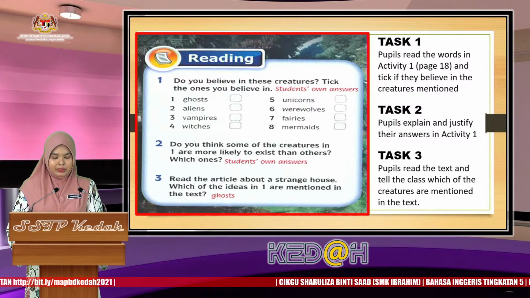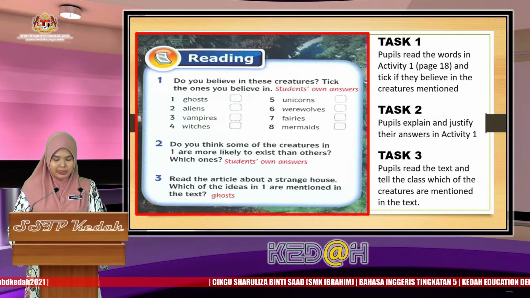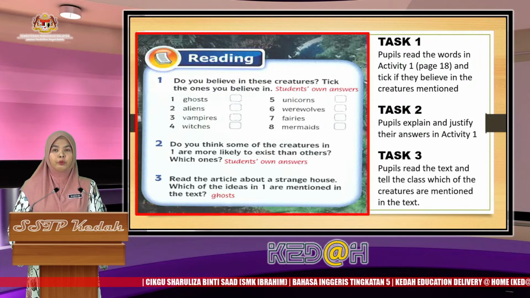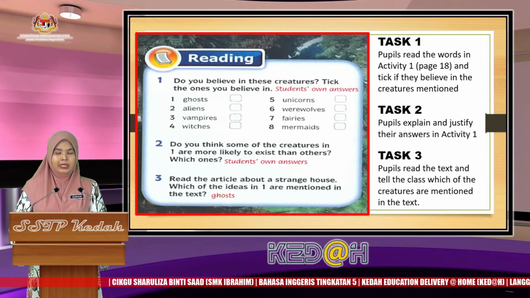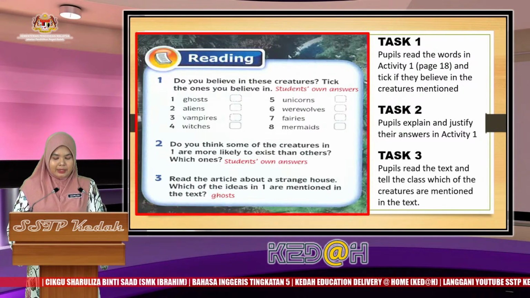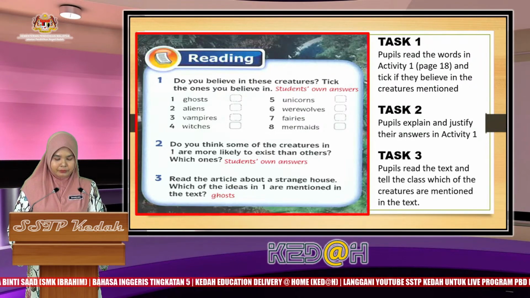And for task 3 and 4, they are for reading skills. For task 1, pupils read the words in activity 1, that is in page 18, and tick the boxes if they believe the creatures mentioned.